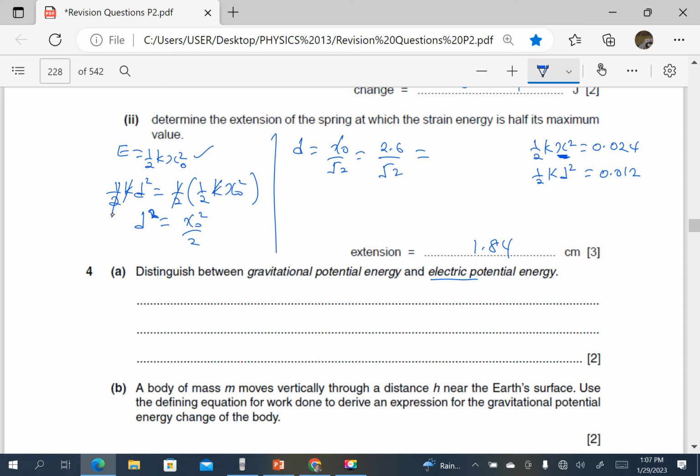Electric potential energy is stored when charge is moved due to work done in an electric field.